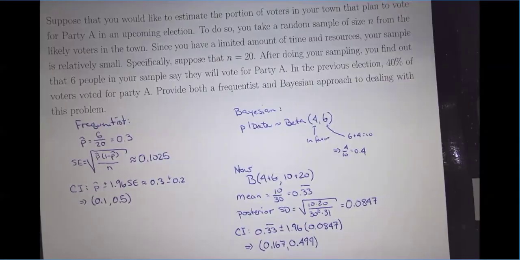So again, with this information that we had previously, it pulls the mean more toward 0.4 than it was toward 0.3. Our confidence interval looks something like 17% to 50%.